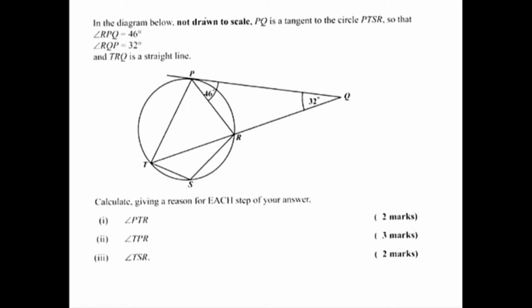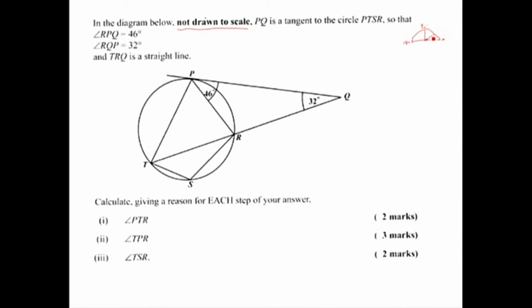So it's not drawn to scale. If we say it's not drawn to scale, the first thing we need to know is that we cannot use what is known as your protractor. We can't use this measuring device, this angle device. That's 90 degrees there and 0 and 180 over here.